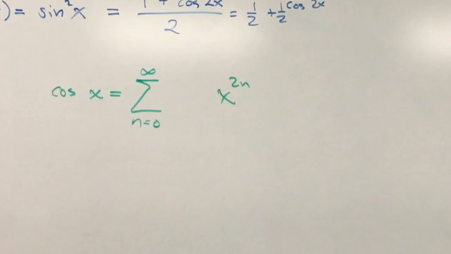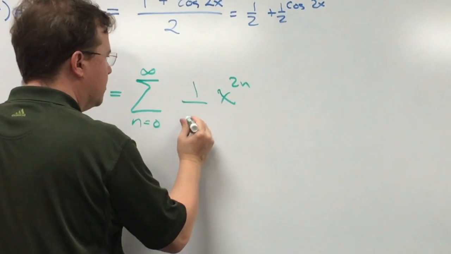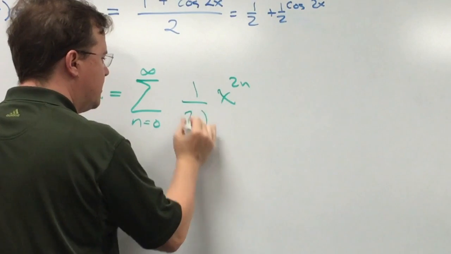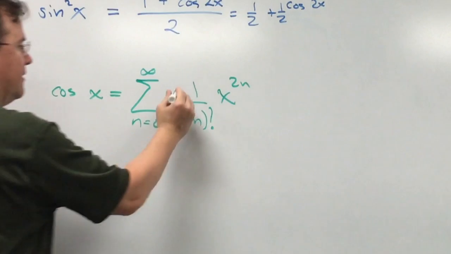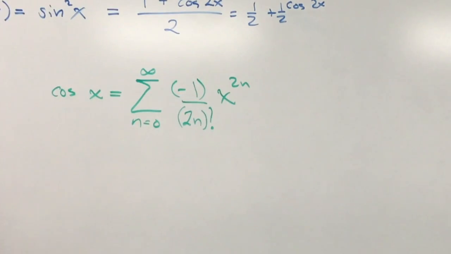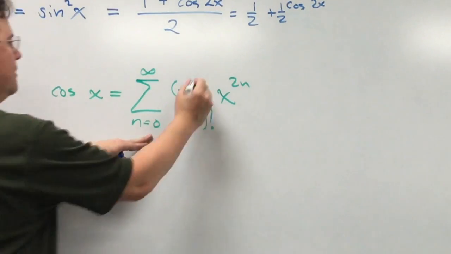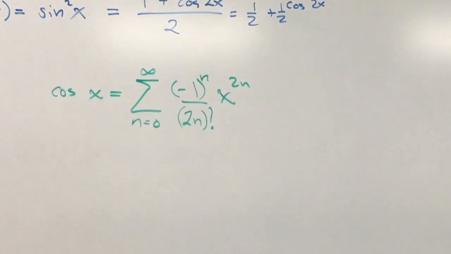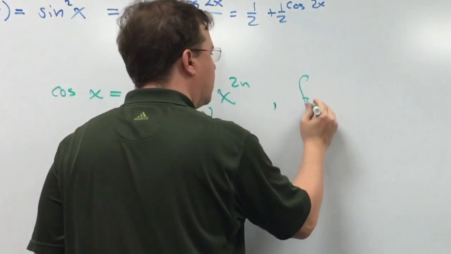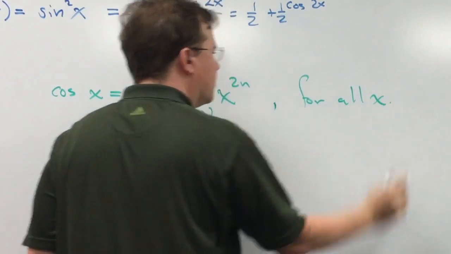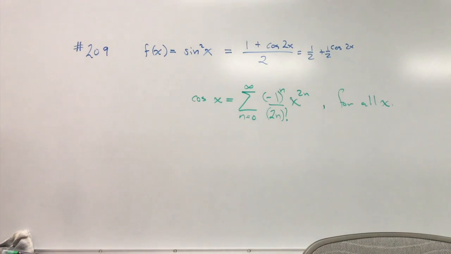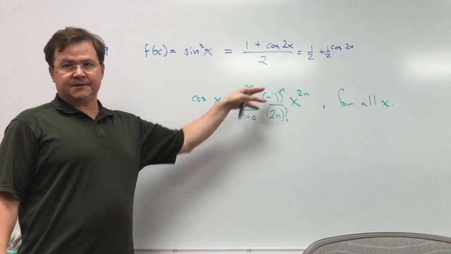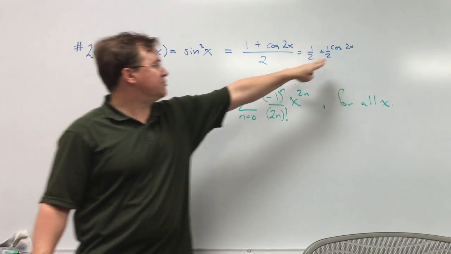The coefficients are 1 over (2n) factorial, alternating with negative 1 to the n. This is for all x, so the radius of convergence is infinity. Something worth knowing.